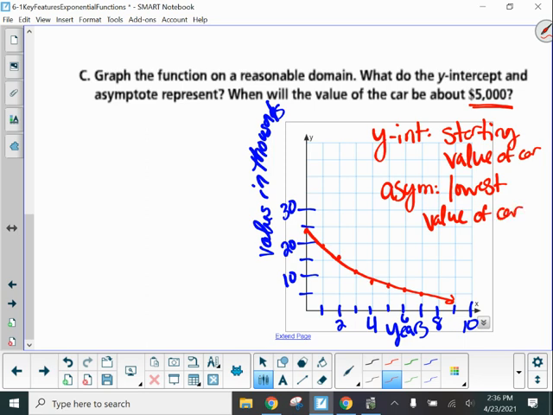So eventually it's going to bottom out, although you notice it decreases very quickly at the beginning and then it does kind of flatten. So each year it's losing less and less, but it is still losing money. And for the value of the car to get to be $5,000, so about year 7, that's where we're going to get that value.